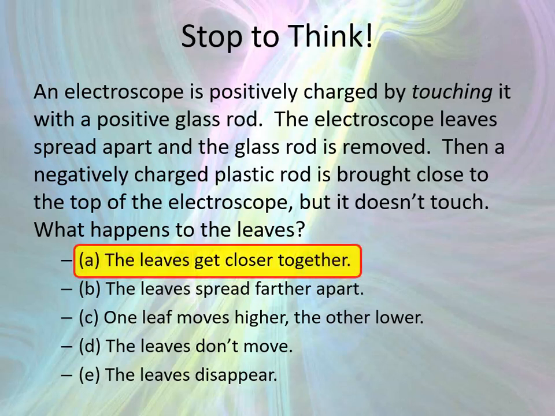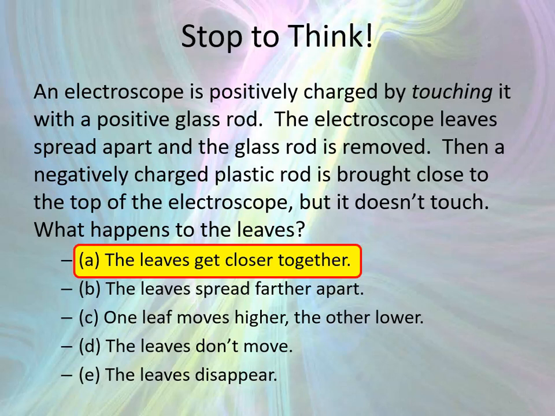So what will actually happen is the leaves will get closer together, because since you've already given the electroscope a positive charge, that positive charge kind of distributes all around the electroscope metal parts. And when you bring a negative rod nearby, some of those positive charges that are currently in the leaves are going to be more preferentially attracted to that negative rod that is near the top of the ball, because at the top of the ball you've repelled negative charges, so the negative charges end up fleeing to the bottom, the positive ones end up coming to the top.